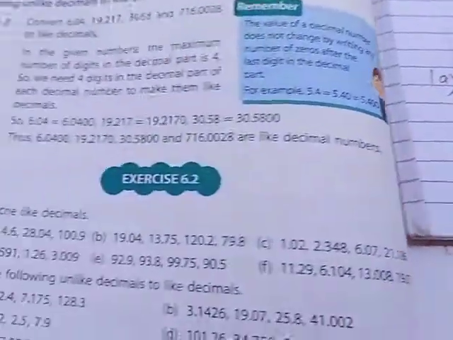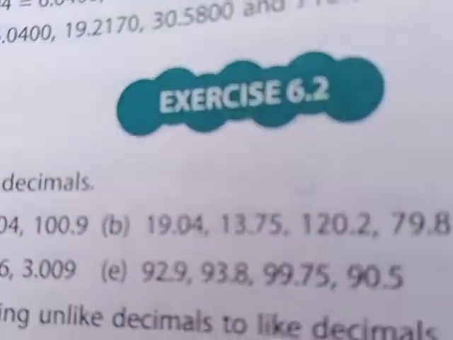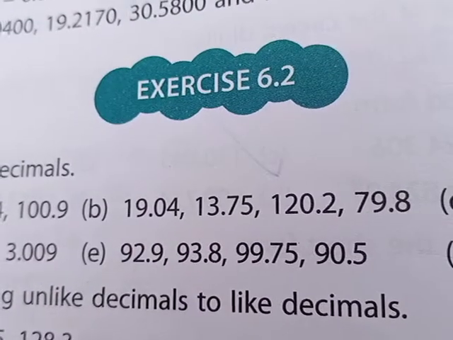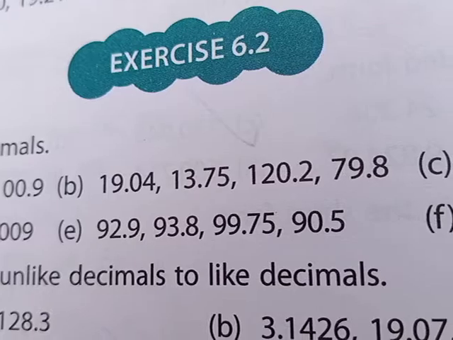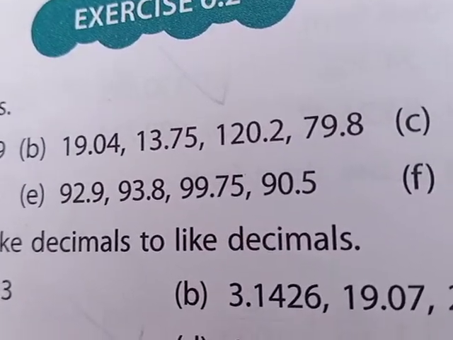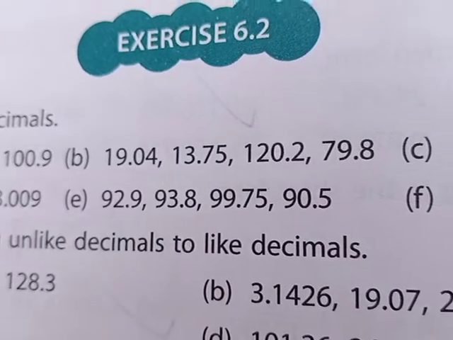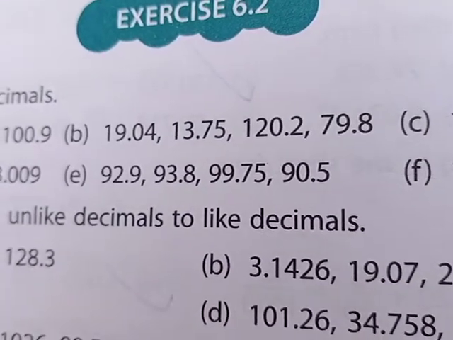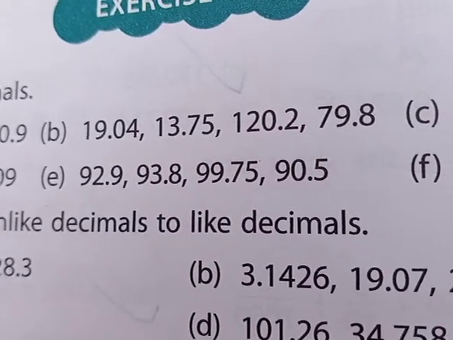Clear? Then if we see 1B, the question is, first number is 19.04, then 13.75, 120.2, 79.8. I hope you all can separate this. What are like decimals? Like decimals have an equal number of digits after the decimal.